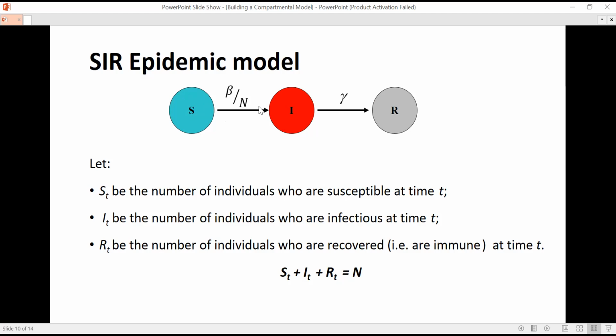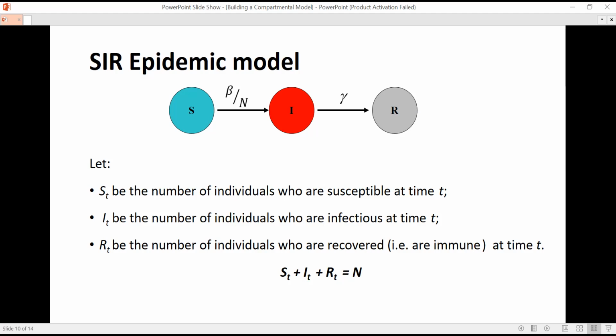So then we let S(t) be the number of susceptible at time t, I(t) be the infected at time t, and R(t) be the recovered at time t. Now think of it this way. Assume that we don't have deaths at this point.